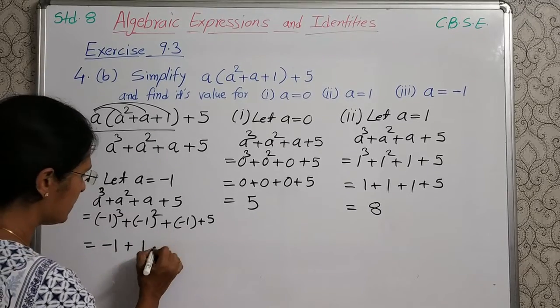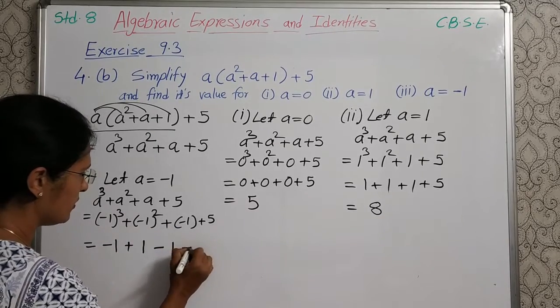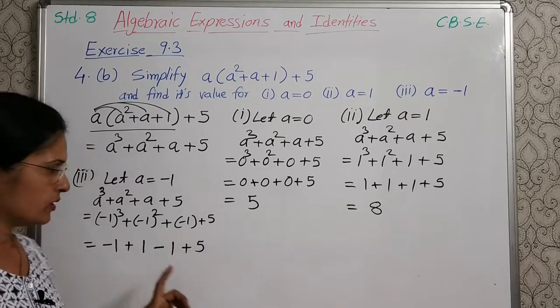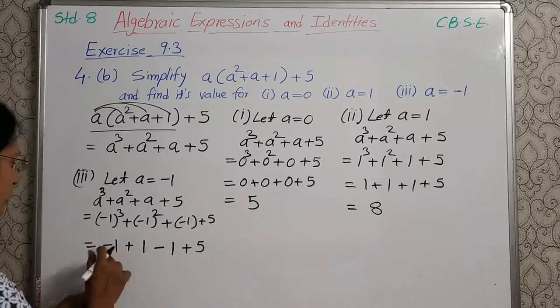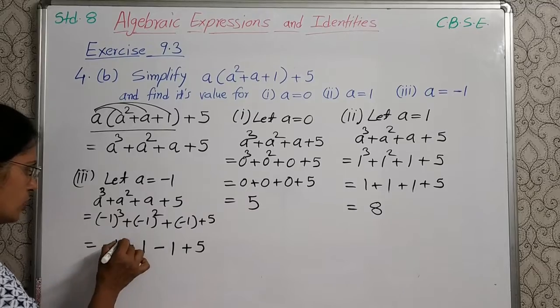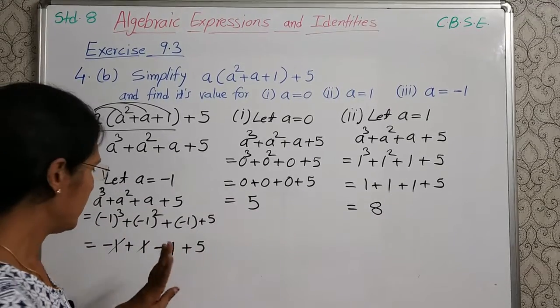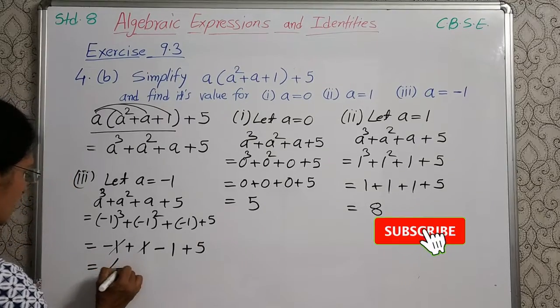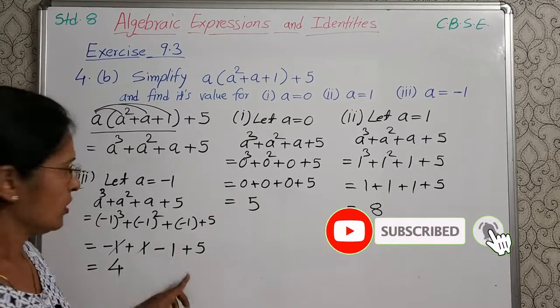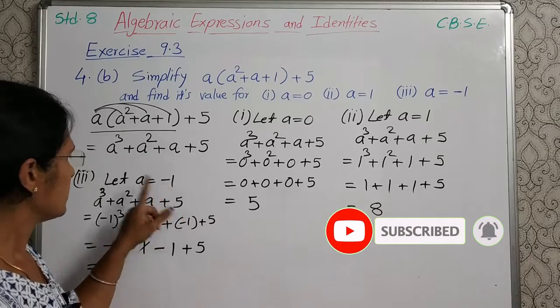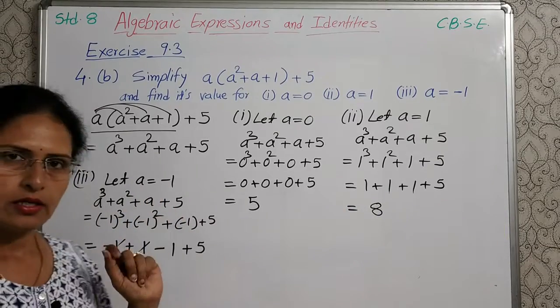Here plus minus is minus 1 and plus 5. Now write the final answer. Now minus 1 plus 1 is 0 or you can cancel it. Now minus 1 plus 5 is 4. So here the value is 4 when we substituted minus 1 for a in this expression.